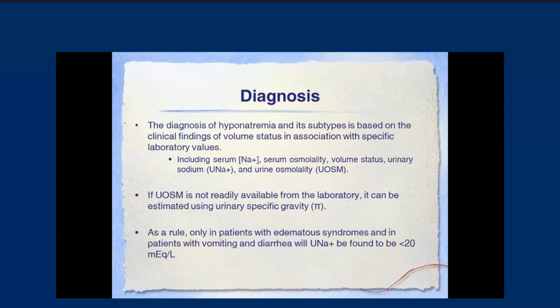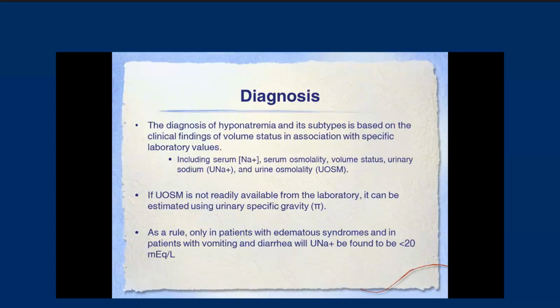So the diagnosis of hyponatremia is usually based on the lab result of sodium, but the diagnosis of the subtypes, as I have discussed earlier, is based on the volume status of the patient, and with some measurement values. So we should measure the serum sodium level and serum osmolality.